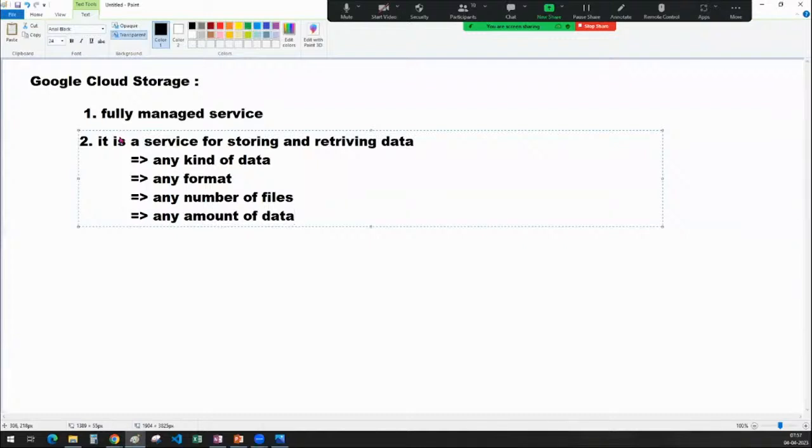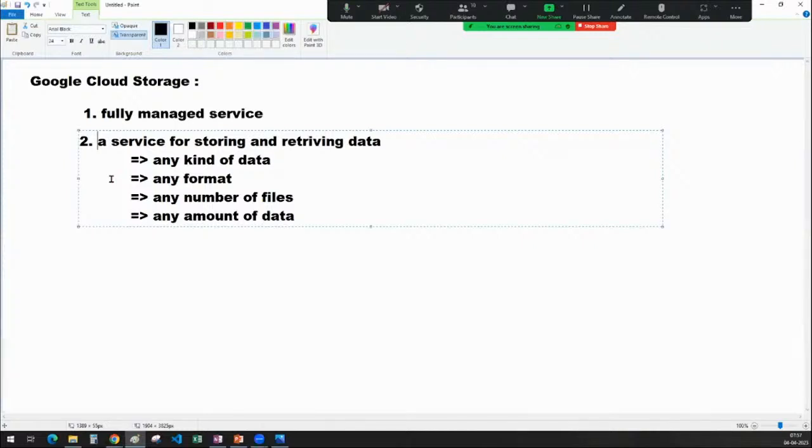It is a service for storing and retrieving data. You can store any amount of data, any number of files, any format, any kind of data in GCS, guys. This is the main intention.